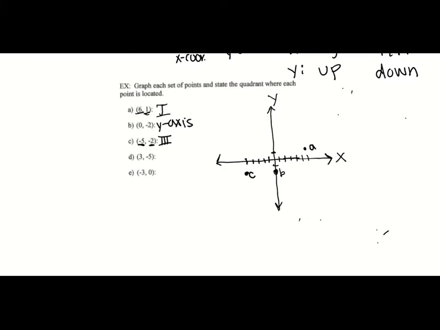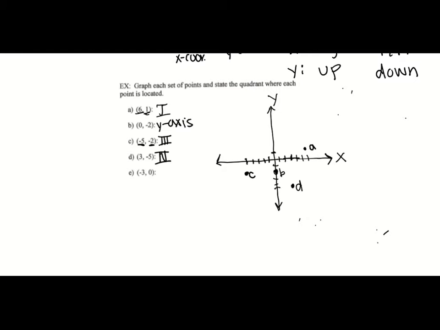Okay, point D, we have a positive 3, so that means our x is going right 3, 1, 2, 3 here. And then a negative 5, that means we're going down 5. So we have 1, 2, 3, 4, 5. Our point D is right here. And that is in quadrant 4.